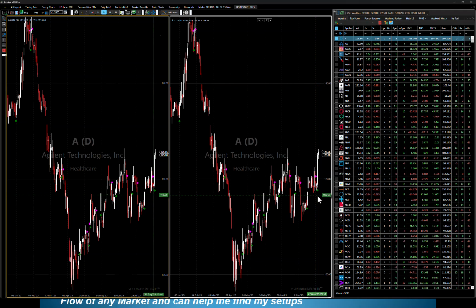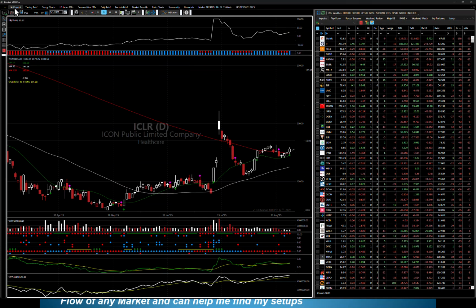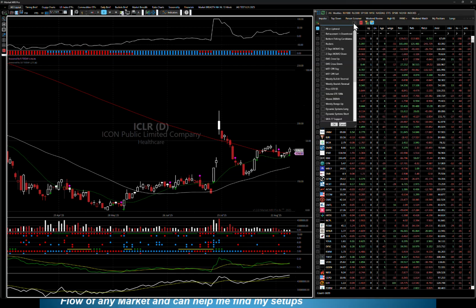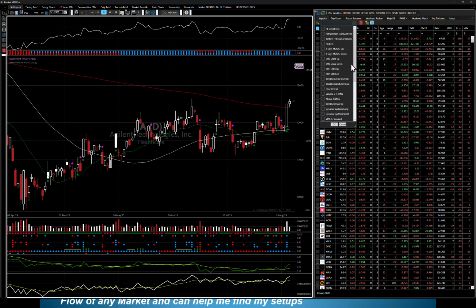So to answer your question, the dynamic system long and short is a new trading model that I ported over from my Thinkorswim system that you can filter for just by going down here, dynamic long or dynamic short.